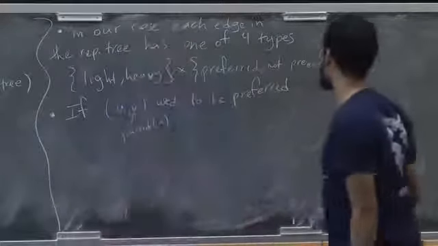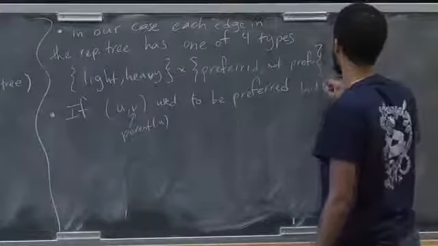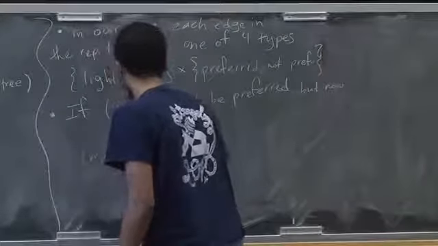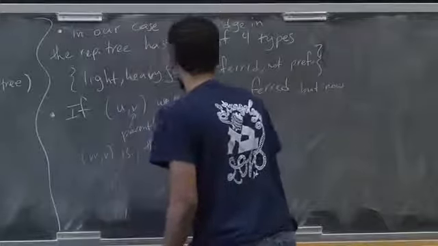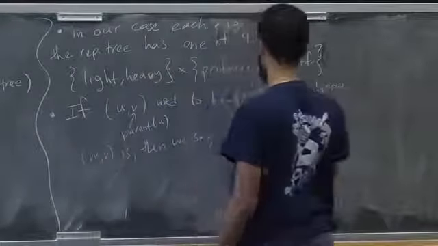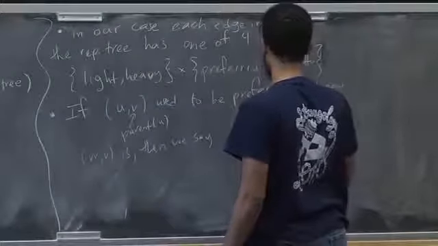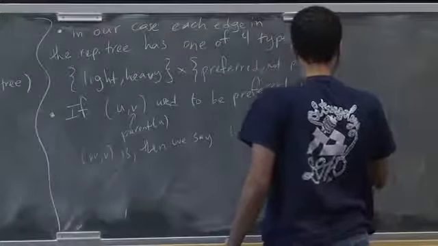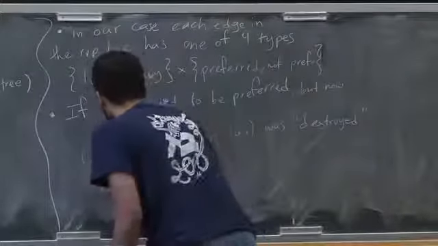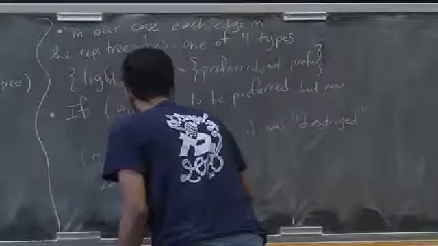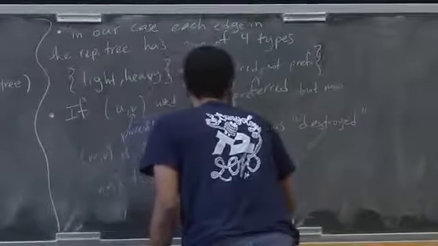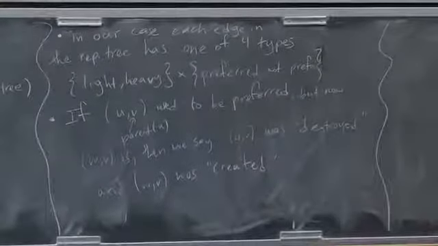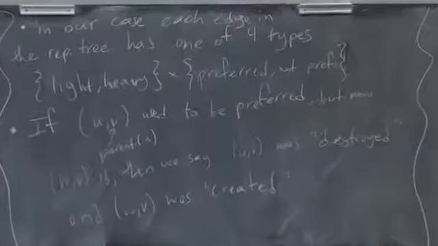So if uv used to be preferred, but now wv is, then we say uv was destroyed and wv was created.